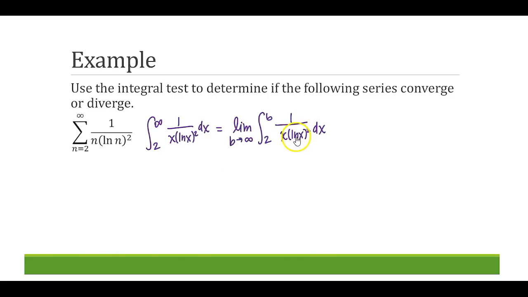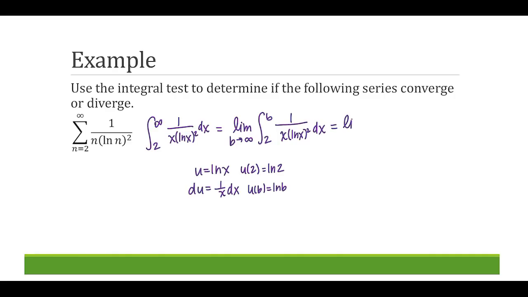So this is going to require a u substitution. I can see u is natural log x, and its derivative is right there, 1 over x. So I have u is natural log x, du is 1 over x dx. I'm going to change my limits of integration. U of 2 is natural log 2, and u of b is natural log b.